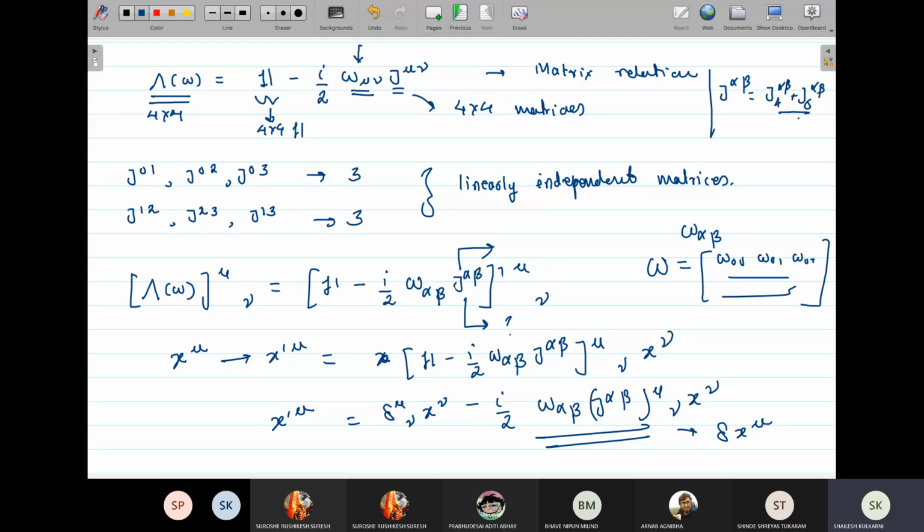I can always do that. Antisymmetric in alpha beta times symmetric in alpha beta gives me 0. So only the antisymmetric part in J alpha beta will survive. Agree? Okay. So the antisymmetric part of this will contribute to this. So as well, I can take this to be antisymmetric.